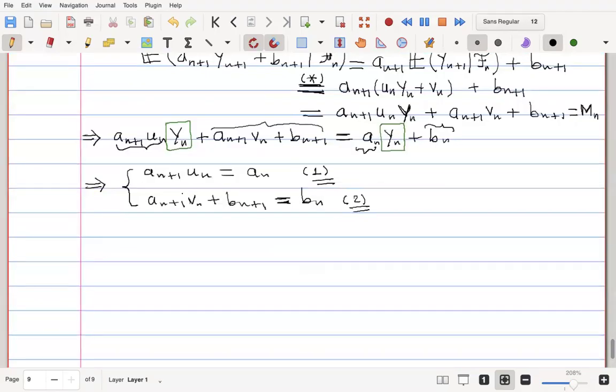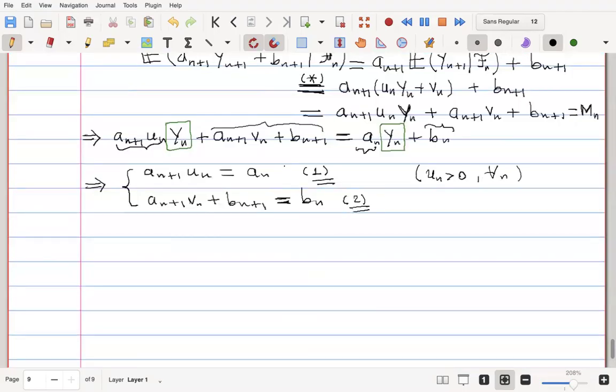Now, what do we want? We want a_n and b_n. So that's what we want, assuming that u_n and v_n are given, right? And that's what we saw. So we assume that all the a_n are strictly positive because we are going to divide, right? So we assume that a_n is strictly greater than 0 for any n.